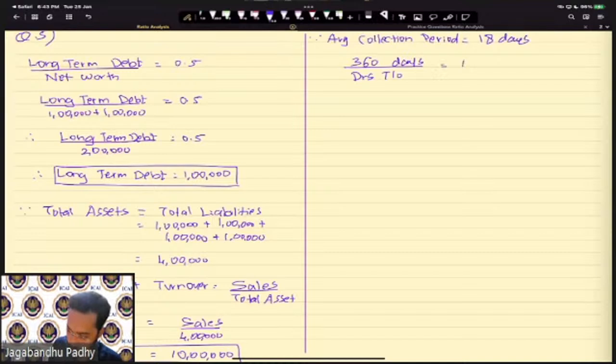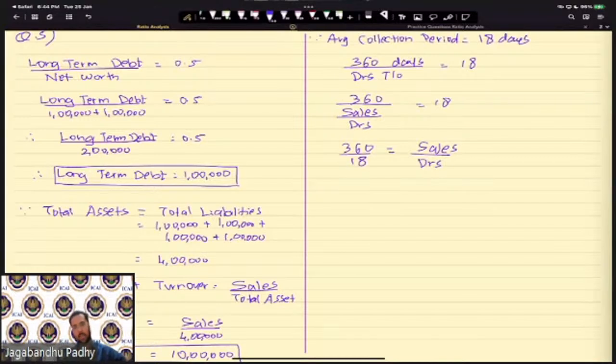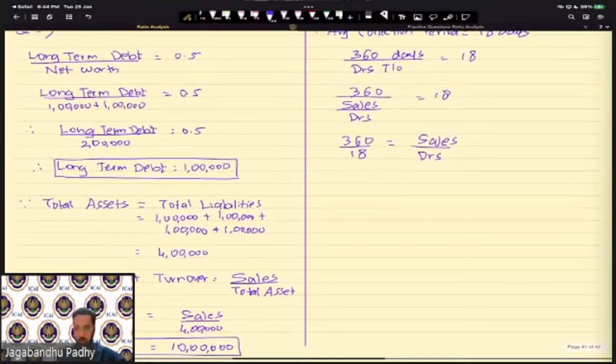debtors turnover. That's 18. So 360 divided by the debtors turnover, which is sales upon debtors, is 18. Do we have any sales figure? Yes, we just computed it to be 10 lakh. So 360 divided by 18, how much is it? It's 20.